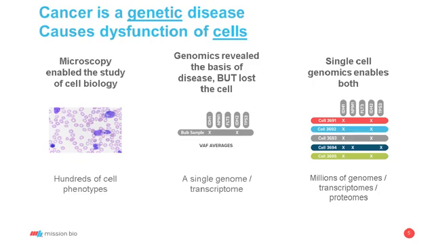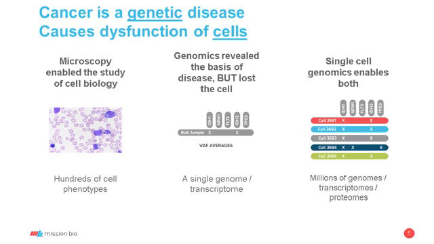In the last 30 years or so, genetics has really increased our ability to go deep and understand the basis of this disease. But we lost the context of the cell when we started doing genetics. We combined all the cells together, we lysed them, and we looked really deep into the DNA or the RNA of these cells, but we didn't retain the context of the cell. With the revolution that we're having in single-cell genomics these days, we can start marrying these two concepts together.